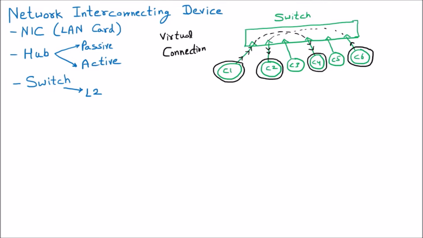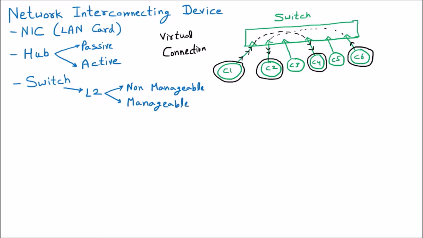The types further into layer 2 which are very important are, first, the non-manageable switch, and the second type is the manageable switch. These are the standard types of switches.